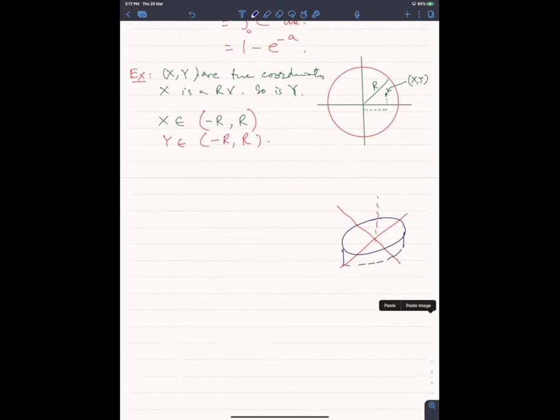So there is a certain height of this guy, okay, and you have x here, you have y here. So f of x comma y is some constant c, okay, if x square plus y square is less than equal to r square, okay, zero otherwise.